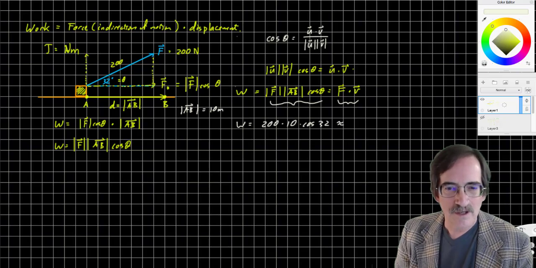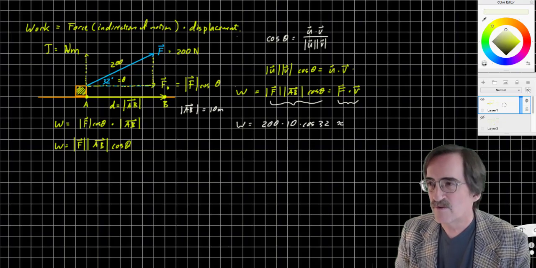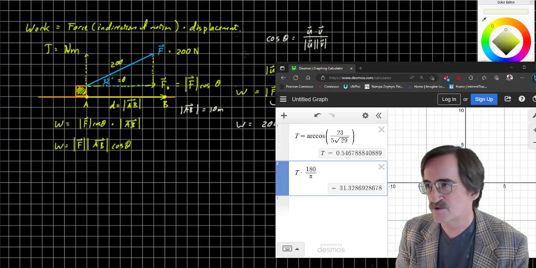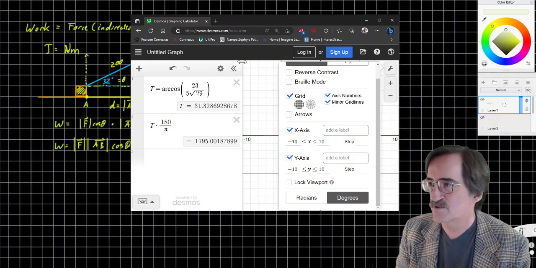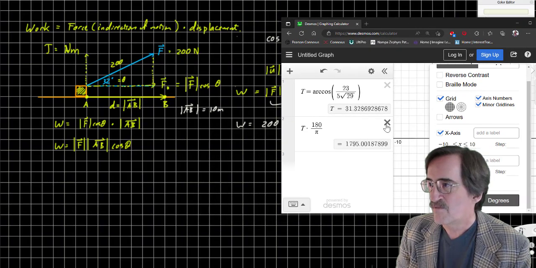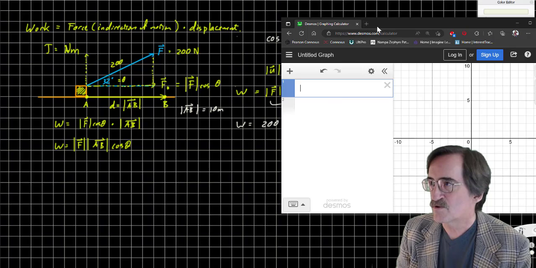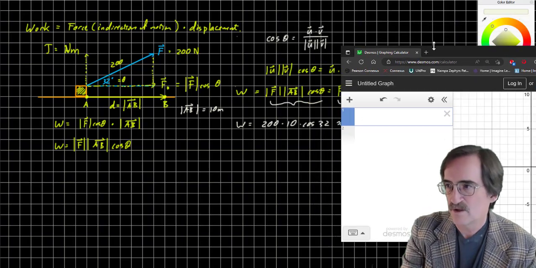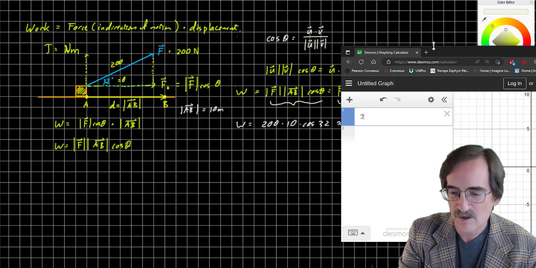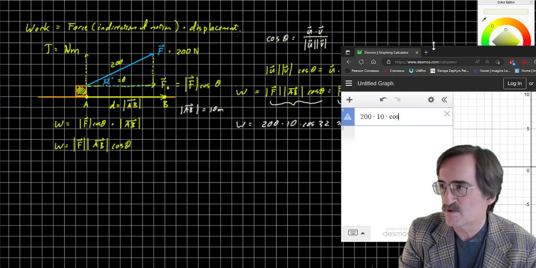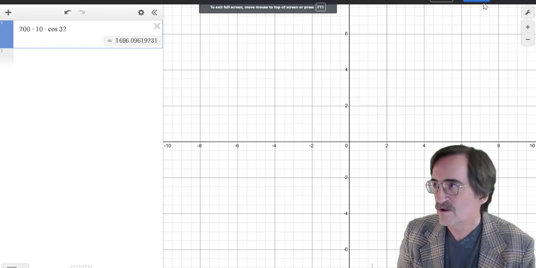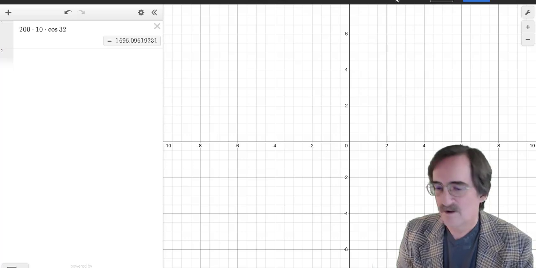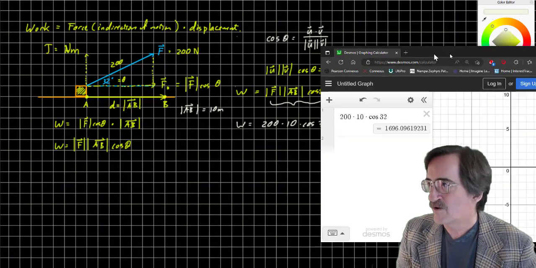Okay, and the work is, Desmos, right? And remember to be aware of what angle measure you're using. We're using degrees, so we need to tell Desmos we're using degrees with the wrench tool. So the work is 200 times 10 times cosine of 32 degrees. Okay.